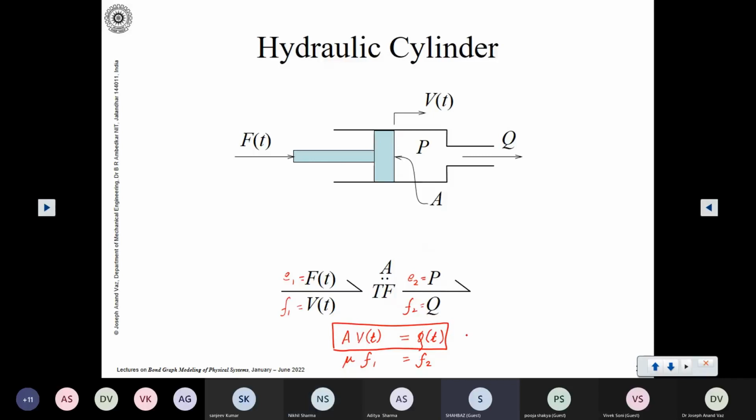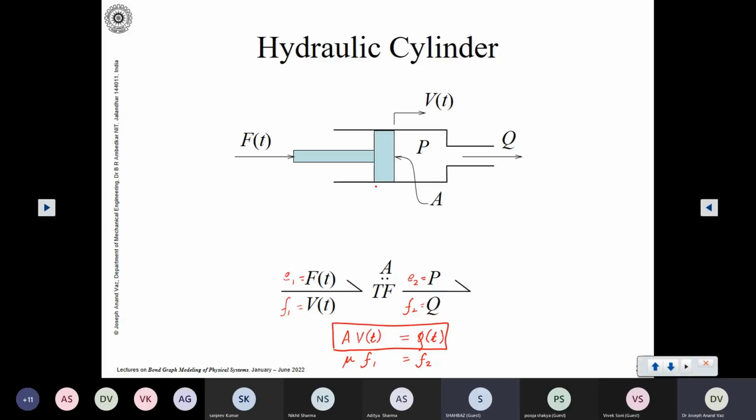No, sir. Okay. So actually it is the volume flow rate. Volume flow rate is equal to A multiplied by V. So in fact, if you want to elaborate, you can also look at it like this.